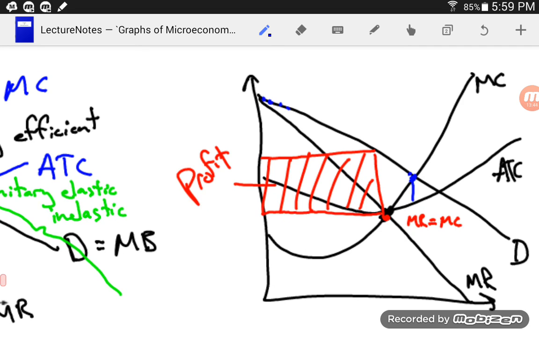And then my profit is going to be much, much larger, because I'm going to be able to profit, let's see, this one I'm able to charge that much, and it only cost me that much to make. Actually, I guess I could also draw it like this.